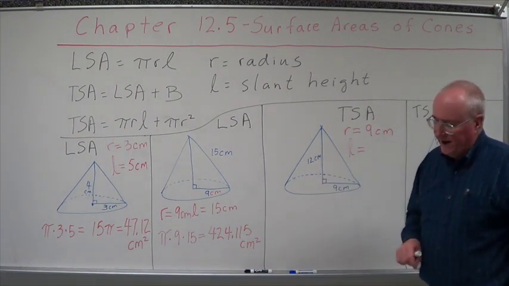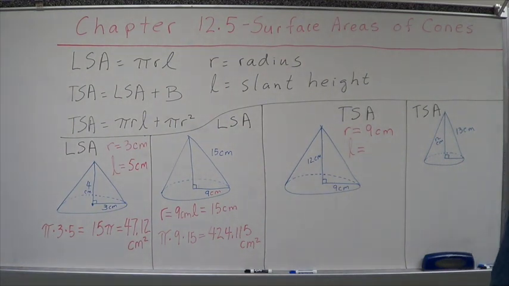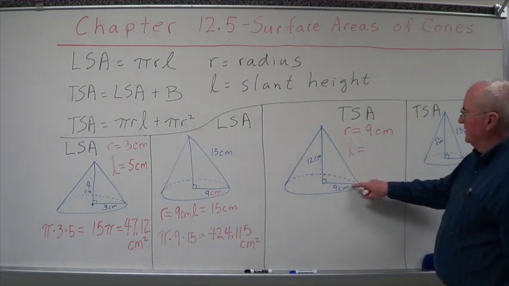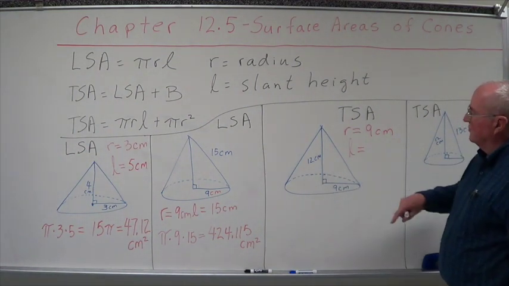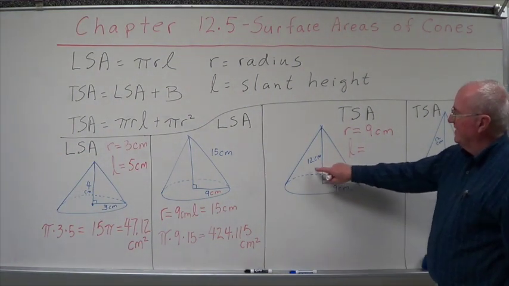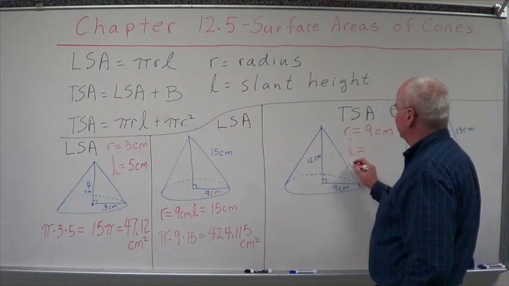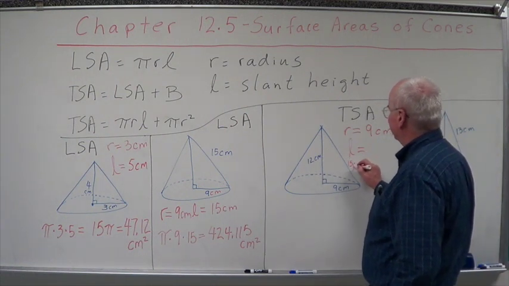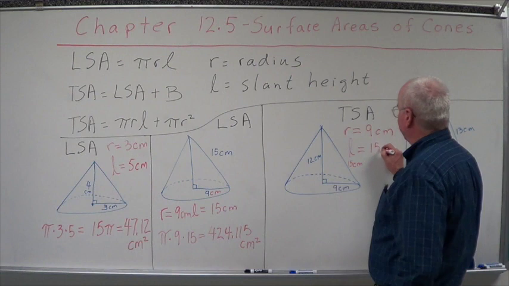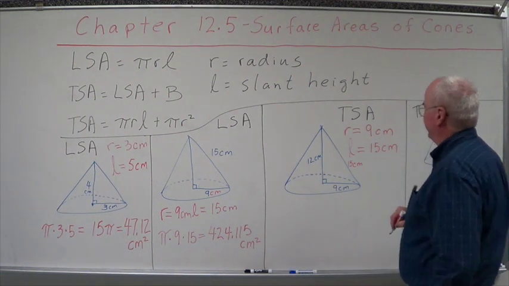Got a 9 and 12. Let's divide by 3. Let's divide 9 by 3. What do we get? 3. Let's divide 12 by 3. What do we get? A 4. Oh, this must be a 3-4-5 triangle. So this is a 9, 12, and this must be a 15 centimeters. So this is, again, 15 centimeters.